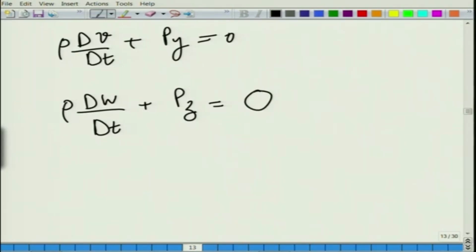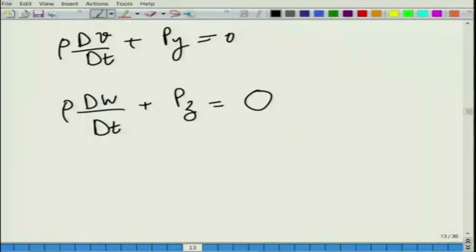Another thing that we must point out here is that we are not actually considering the viscous terms at all. We are considering inviscid equations, because we are not considering attenuation due to the viscosity or damping in air.